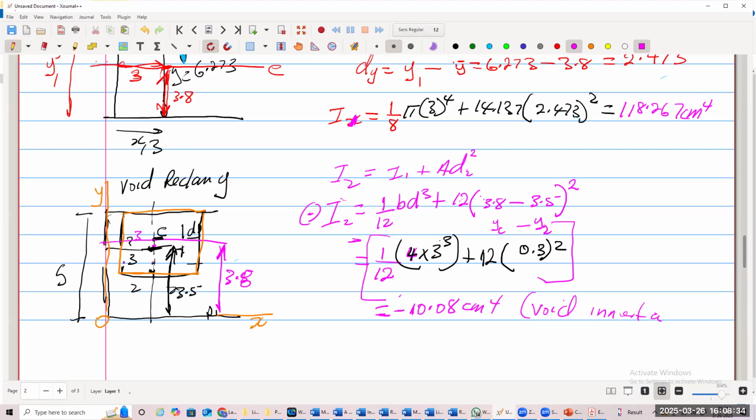Let me check, see if I have the answer. Just confirm whether or not your calculations are right, we're trying to see if I can find the answers. They're somewhere along here. Let me see. So the void one is supposed to be, am I correct? The void one is what you said? 10.08.